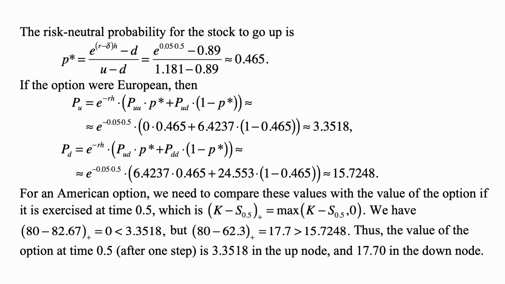So the value of the option at time point 0.5, after one step, is 3.3518 in the up node and 17.70 in the down node, and 17.70 comes from immediate exercise.